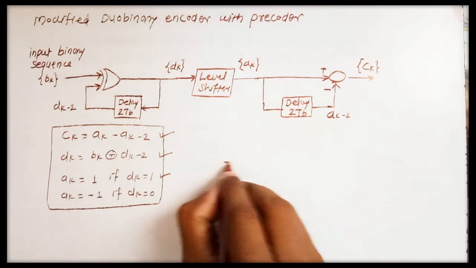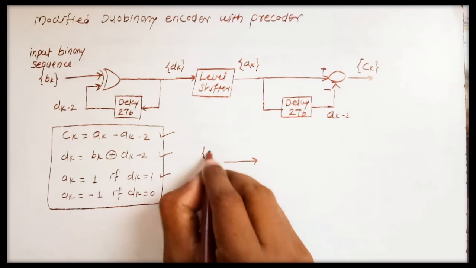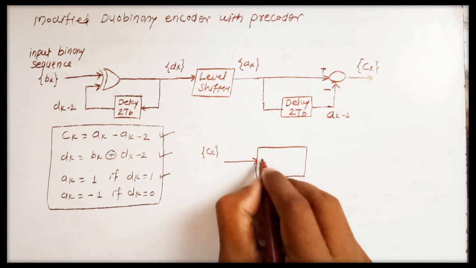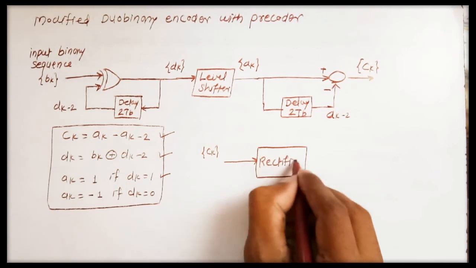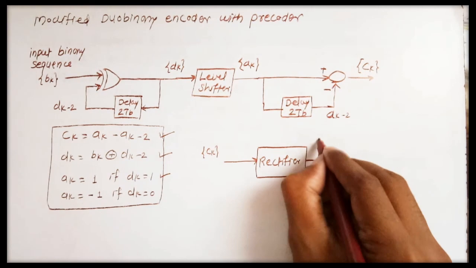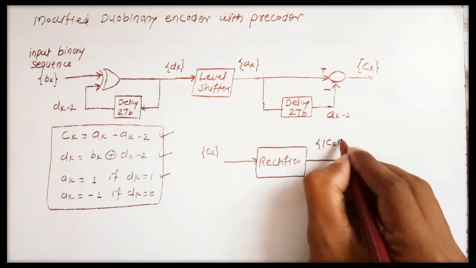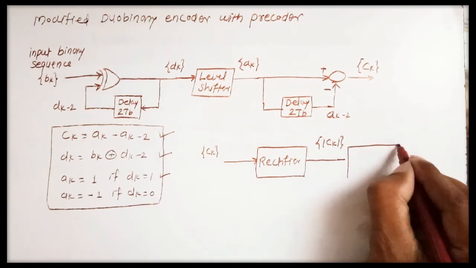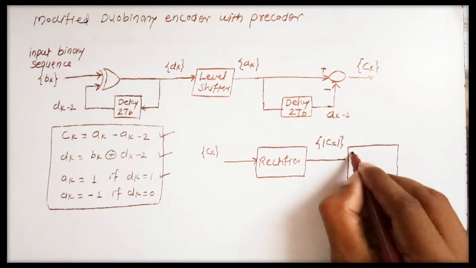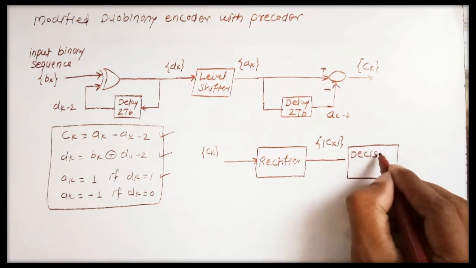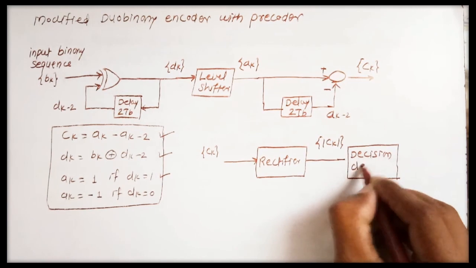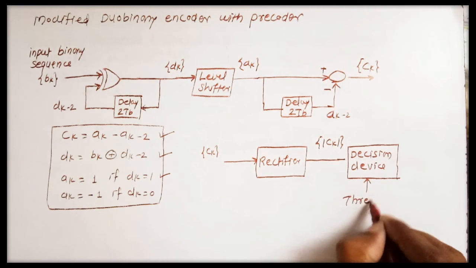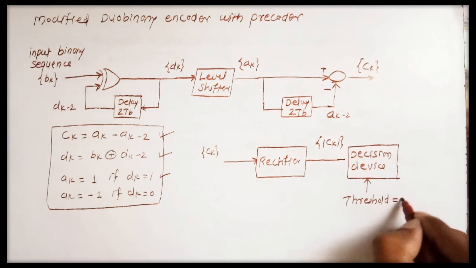At the receiver side we have received a sequence, suppose CK. Now it is passed through a rectifier. This rectifier will convert it into a magnitude, that is mod of CK, and then using a decision device with a threshold, and that threshold is equal to 1.